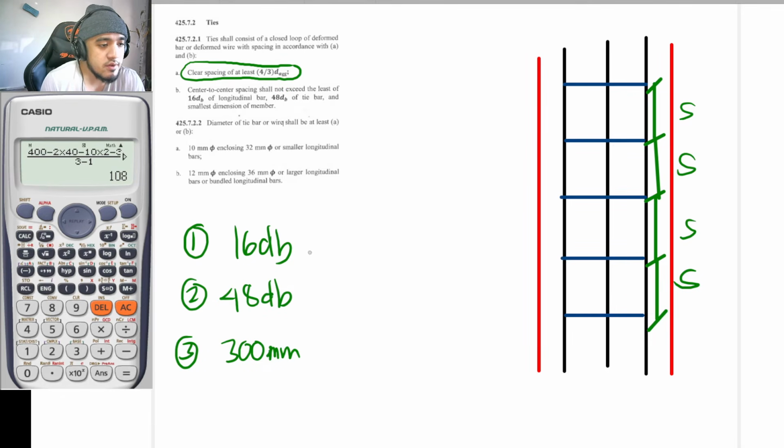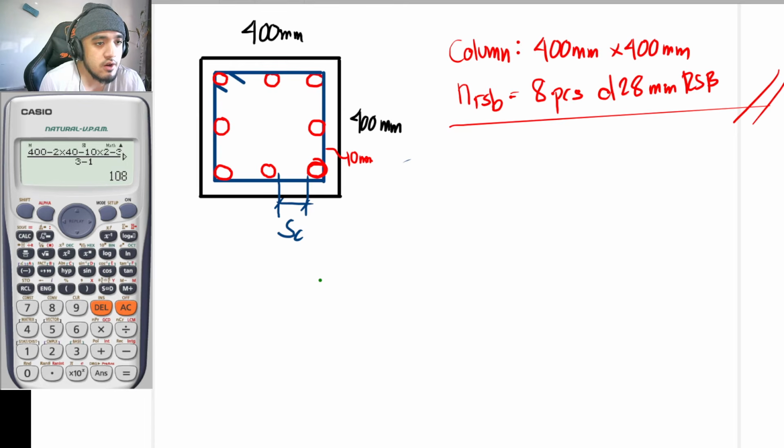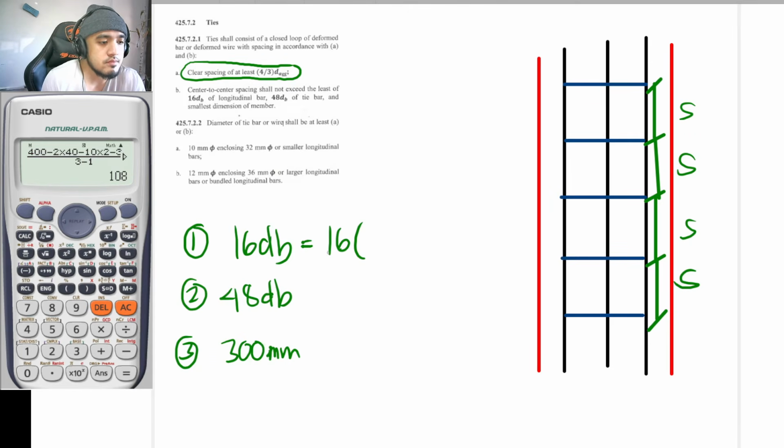So for 16 dB, this is equal to 16 times the bar diameter that we have chosen for our longitudinal bars, which is 28 mm. And for this, 48 times the diameter of the lateral tie that we have chosen.